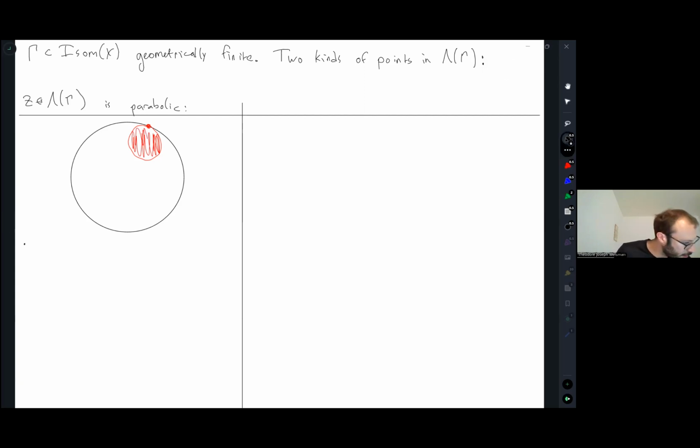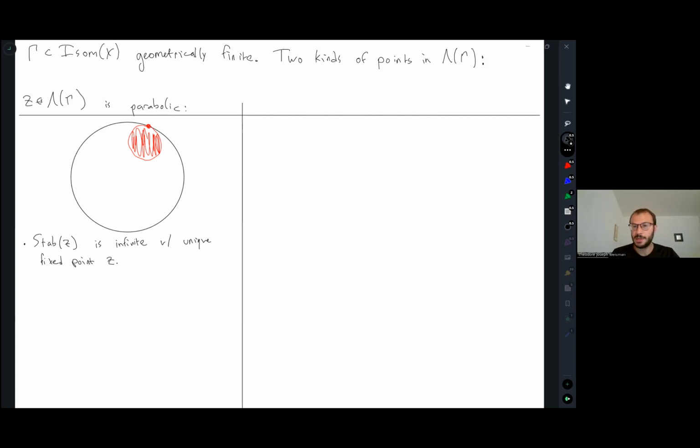Well, first of all, I know that in this case, the stabilizer of this point z in my group gamma is infinite. And because it's a parabolic subgroup of isometries, it's infinite and it has a unique fixed point. I know that the stabilizer of z by definition fixes z, but I actually know that the unique fixed point of the stabilizer is z.